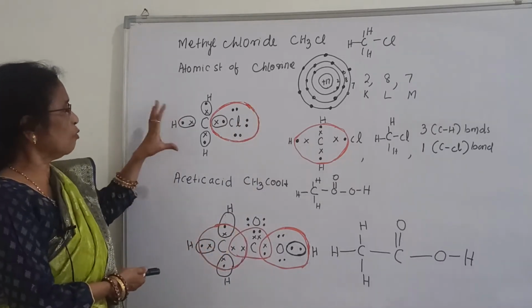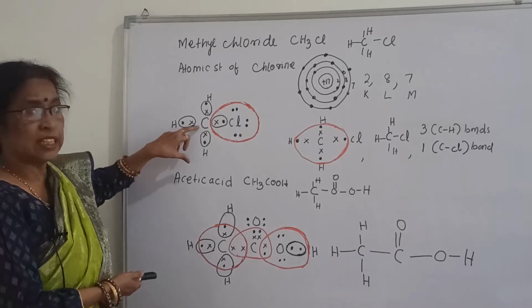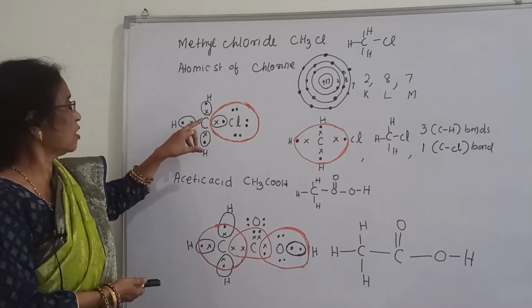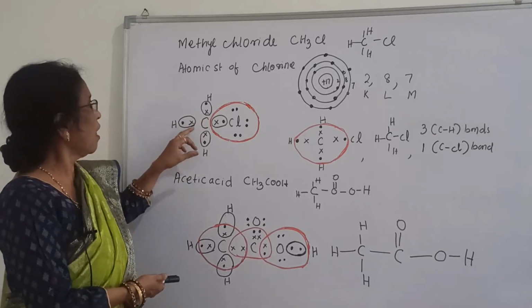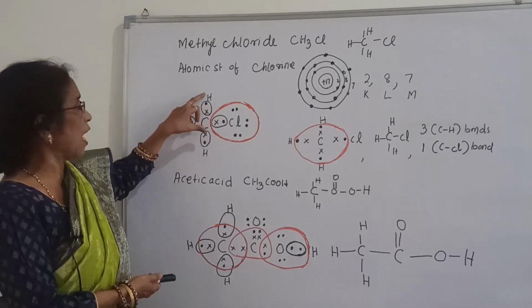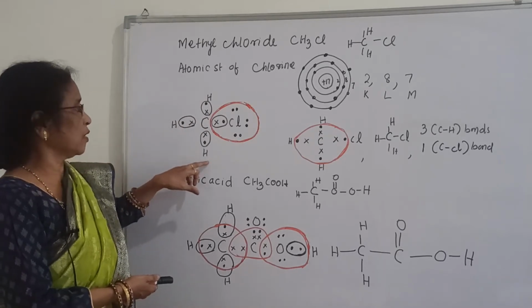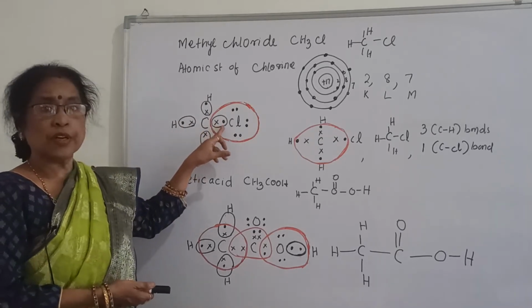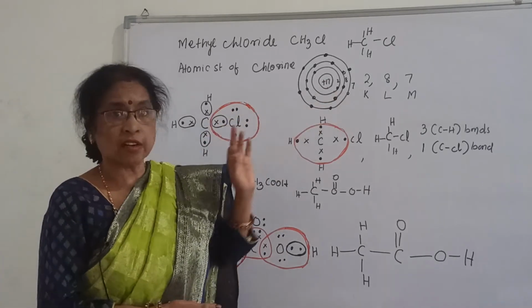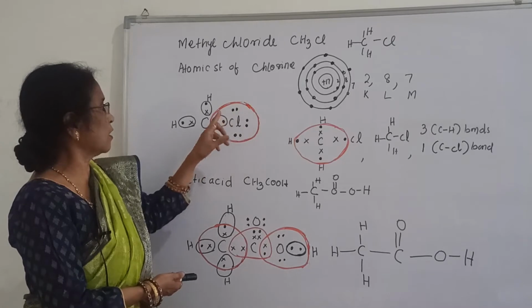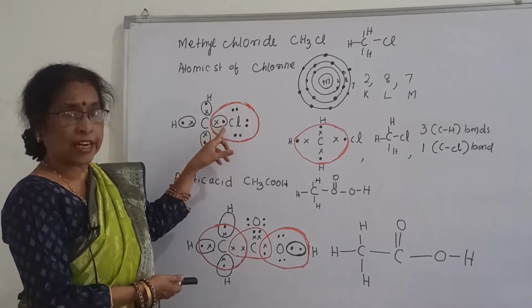Now if you want to write it, the middle is carbon, and there are 4 electrons represented by crosses. One dot is from hydrogen, another dot from hydrogen, another dot from hydrogen, and this dot from chlorine. You know the chlorine outer shell contains how many electrons? 7: 2, 2, 2, 6 and 1, that is 7.